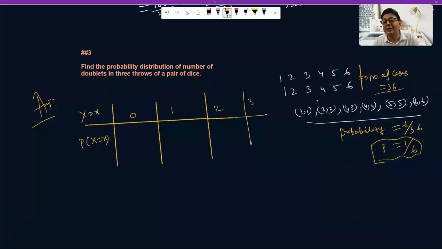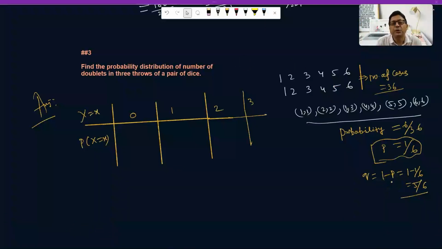The probability of non-occurrence of the event we take as Q. It will be 1 minus P, that is 1 minus 1 by 6. Why is non-occurrence required? Because we know the multiplication rule of probability, and we are going to apply it. So let us go in detail. When you did not get any doublet, what will be the probability? No doublet you got here.